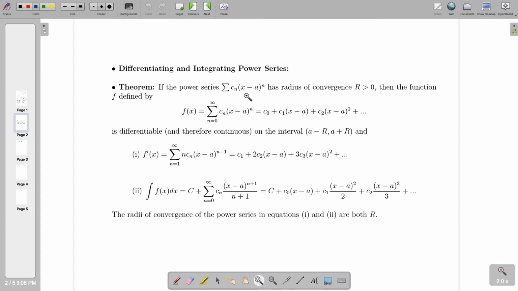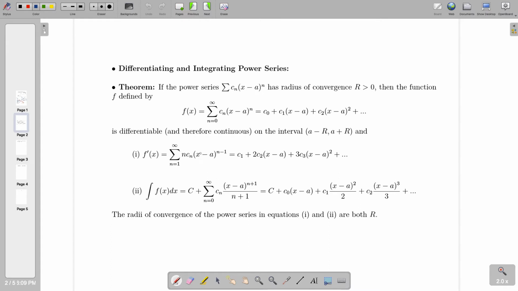The last one we did was x minus 0. But if you have a power series like this, and you have a radius of convergence for that power series, then the function that is defined by that power series can be differentiated and integrated.